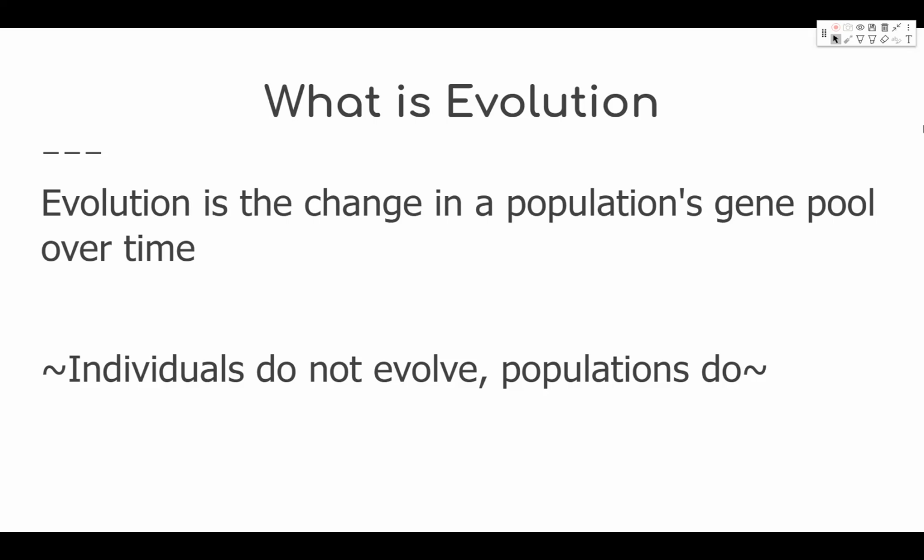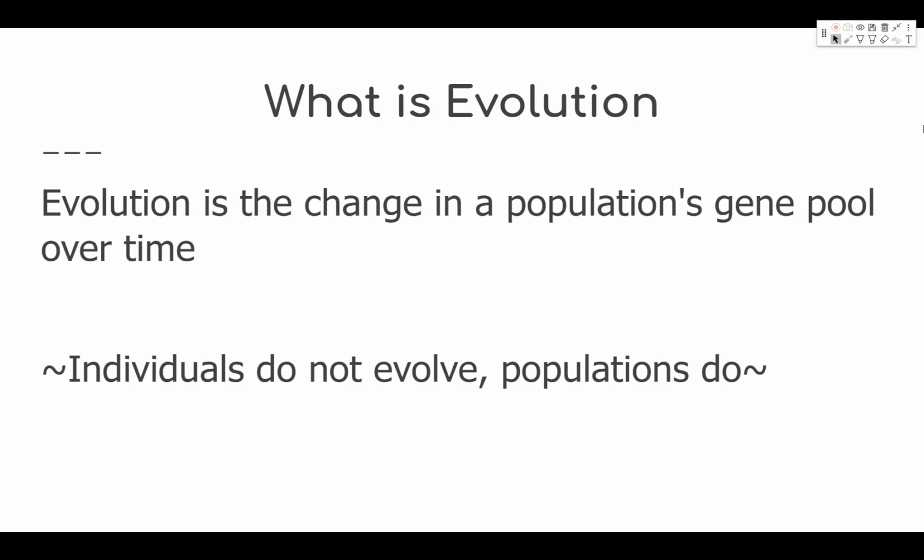Individuals do not evolve, populations do. We grow and change over time as part of being human, right? But that is not considered evolution. Evolution is how populations change over time, specifically in their gene pools. I'll talk about what a gene pool is in a second.